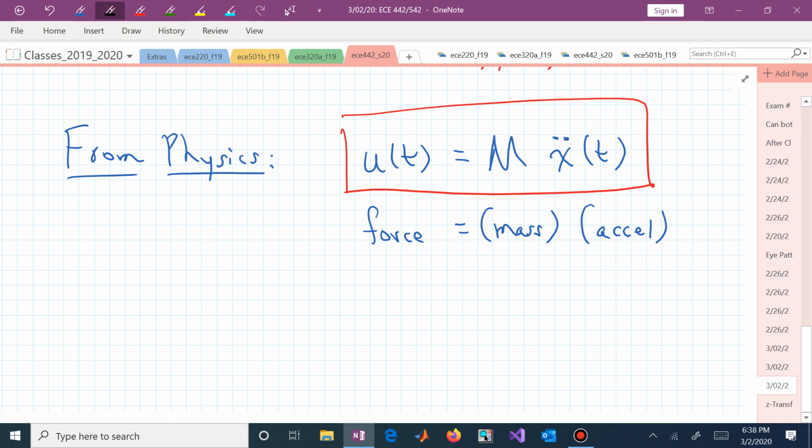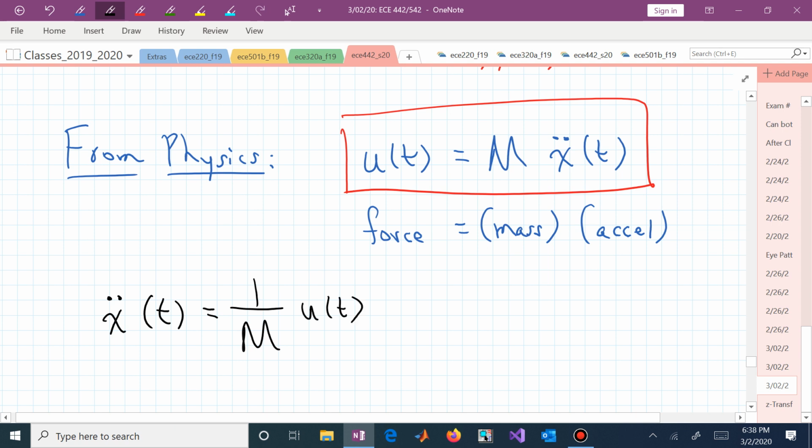And we want to now convert that into a capital G sub 2 of S. The input is our force, that's U of t, and our output is x double dot. Let's solve for our output. X double dot is equal to, we can divide both sides by capital M, U of t.